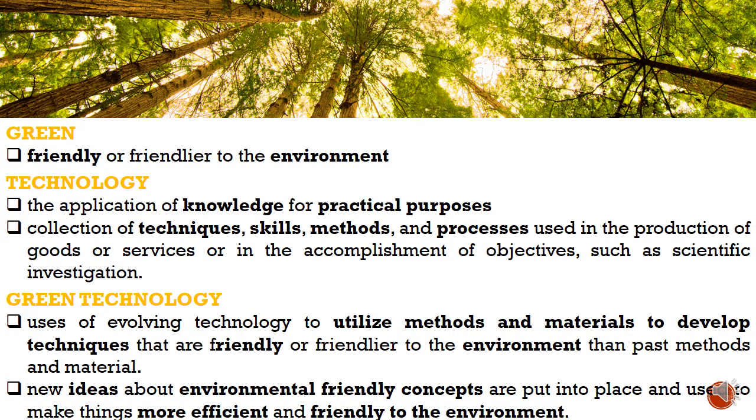So everything is in place. Everything, the environment is undisturbed, for example. And technology. So technology is actually the application of knowledge for practical purposes. And in technology, we use techniques, skills, methods, and processes to produce something, goods or services, or accomplish any objectives, or for example in scientific investigation.